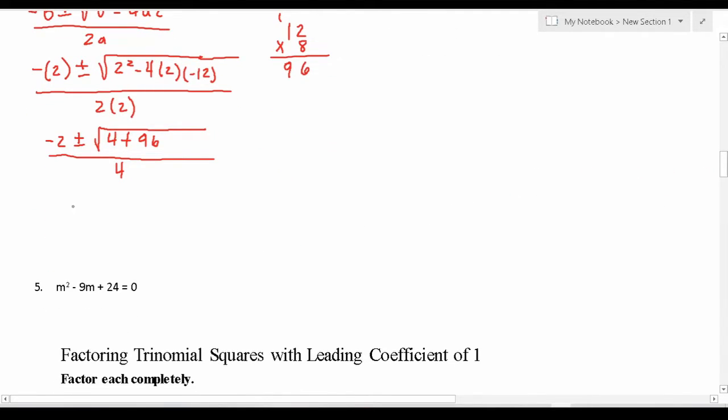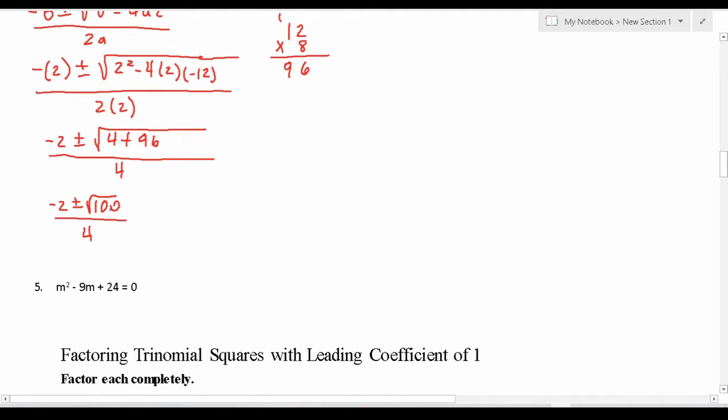Let's keep working this out. We have negative 2, and let me go up a little bit so we have more room. This is negative 2 plus or minus the square root of 96 plus 4, which is the square root of 100, over 4.